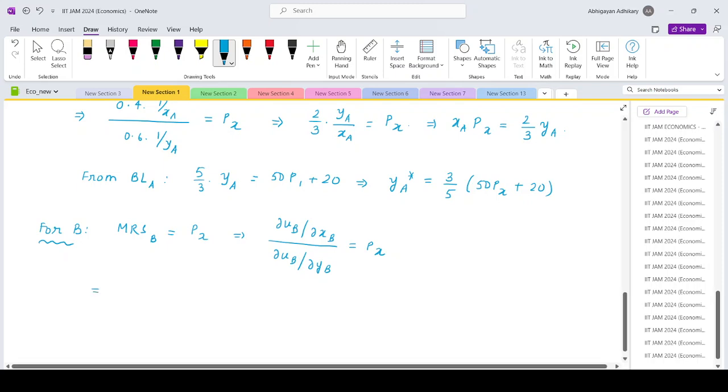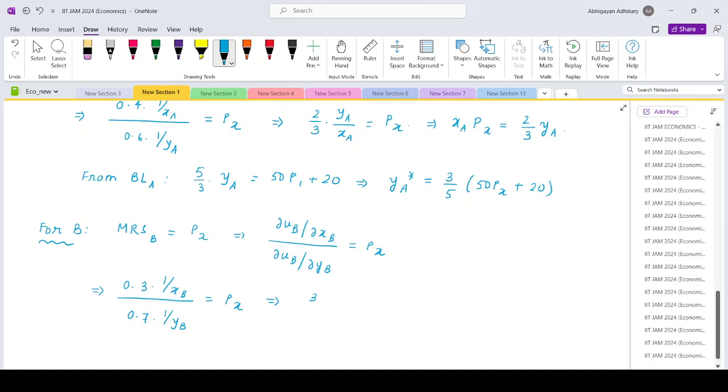So this will basically be 0.3 times 1 by xb divided by 0.7 times 1 by yb is equal to Px, implying 3 by 7 yb by xb is equal to Px, which is xb into Px is equal to 3 by 7 yb.